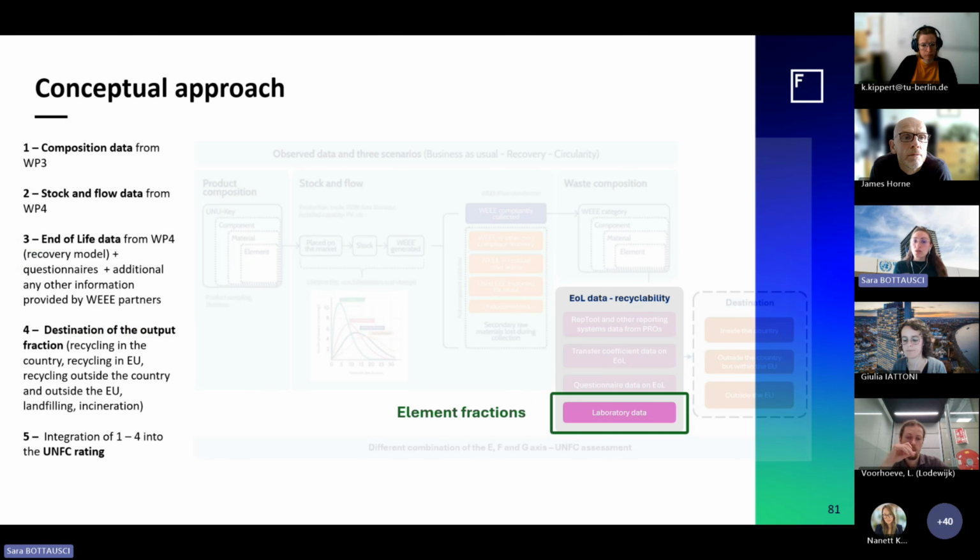Similarly, we also did the same for the element fraction data, but with the big difference here that we didn't receive any element fraction data from reporting systems or from treatment operators, simply because there were none. And so we gathered element fraction data through some laboratory tests that our project partners in the UK were able to process and run.